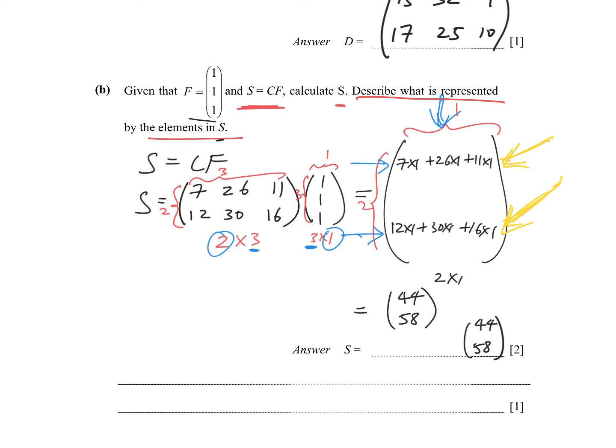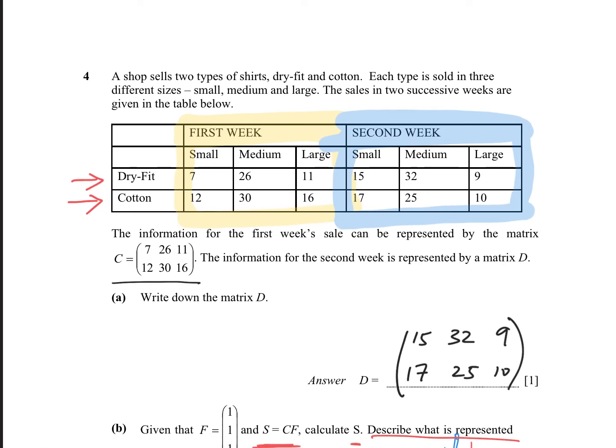You took 7, really you got 7 plus 26 plus 11, and what is that? 7 plus 26 plus 11 is the total number of dry fit shirts that was sold in the first week.